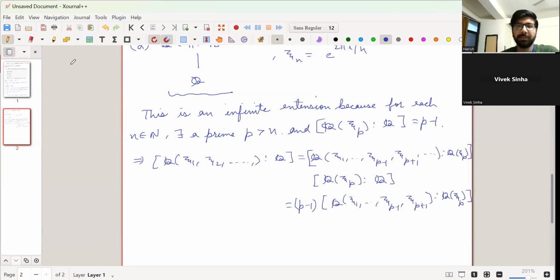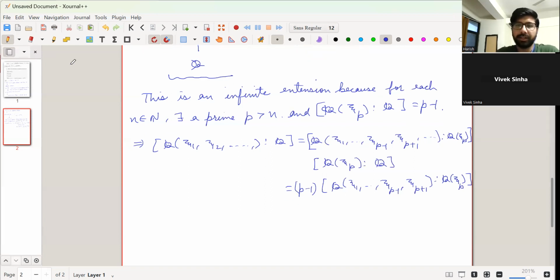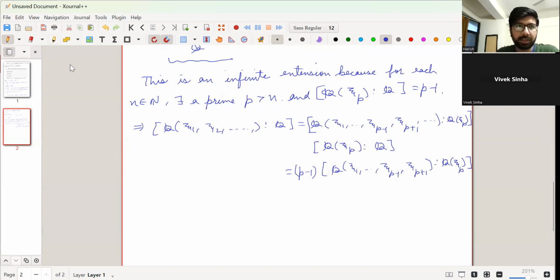So this is greater than or equal to 1, right? Here again the infinite thing will go on. This extension we don't know its degree, but certainly this is p minus 1, and which implies this initial extension is always greater than or equal to p minus 1, right?